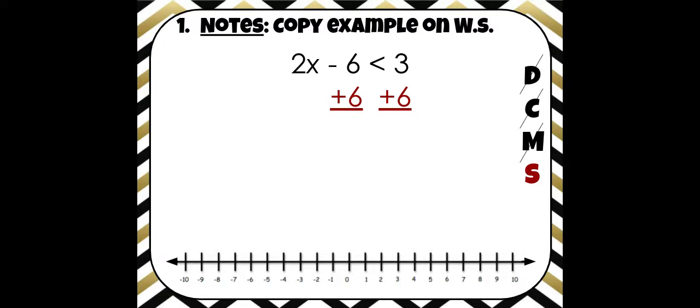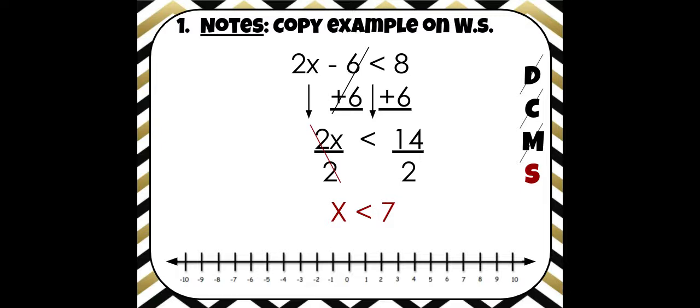So we'll add 6 to both sides. That will give us 9. Then we'll bring down our 2x and our less than symbol. And then the last step here would be to divide both sides by 2. And you would get x is less than 7. So we solved it. Instead of bringing down an equal sign, we're going to just bring down our inequality sign.